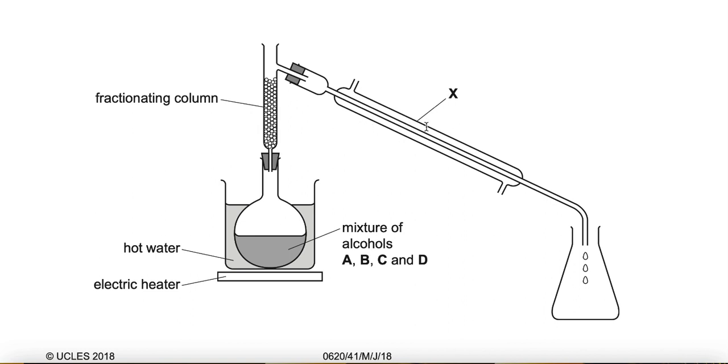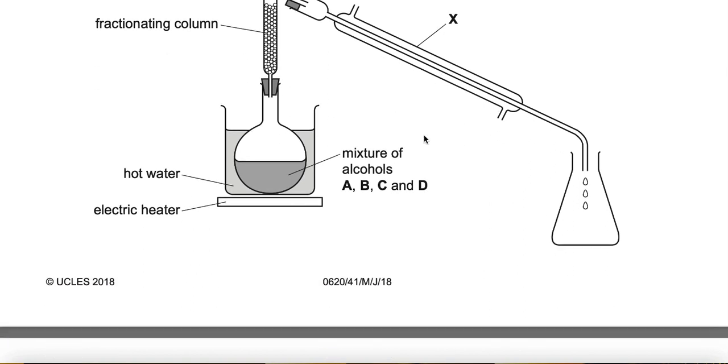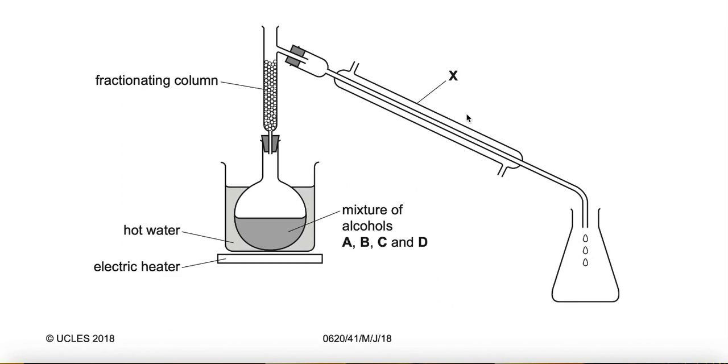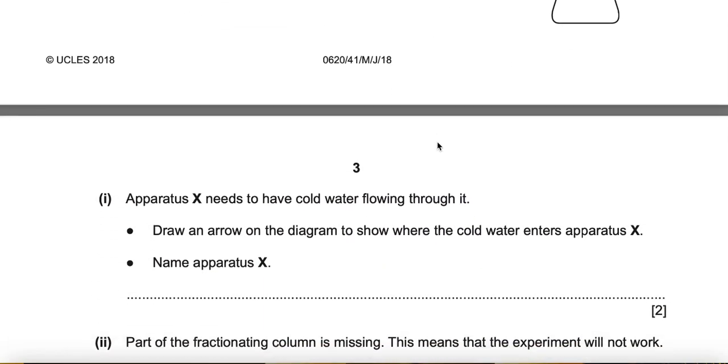This X, they want us to label it. This is a condenser, usually a Liebig condenser. Now let's see the first thing they ask: apparatus X needs to have cold water flowing through it.